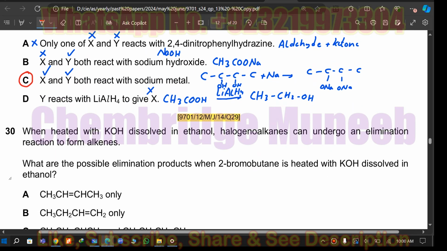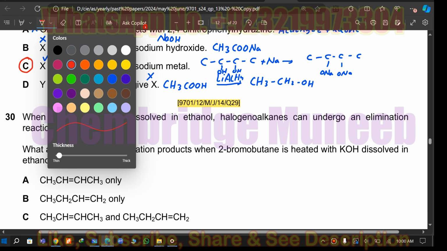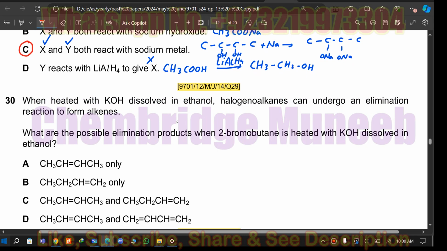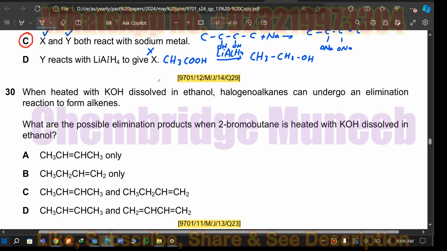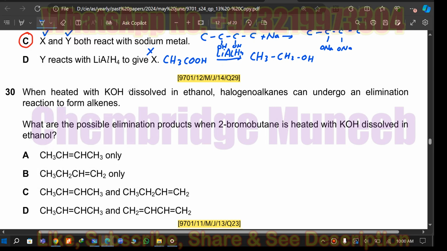The next question is 30. This question is highlighted and is a repeated question, but I found that it has not been answered previously on YouTube by anyone, so I'm going to answer this question myself. This question says when heated with KOH dissolved in ethanol, halogenoalkanes undergo elimination.